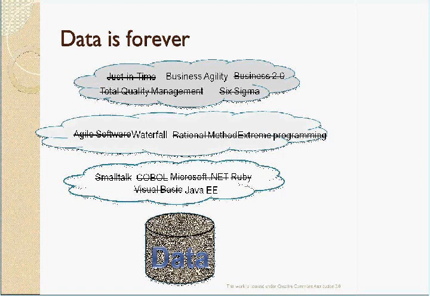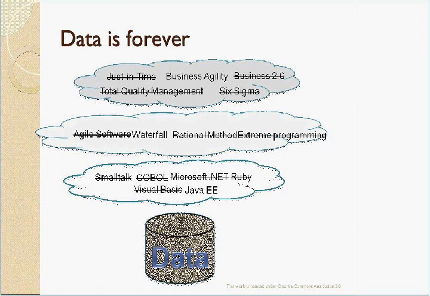That came and went. Then during the dot-com boom, Business 2.0 became the big key phrase. Everybody had to do Business 2.0, down with the brick and mortar and up with the electronics store. That proved to be valuable, but certainly not the end-all. Business agility, total quality management. Today, Six Sigma is really quite big. So all those things come and go.